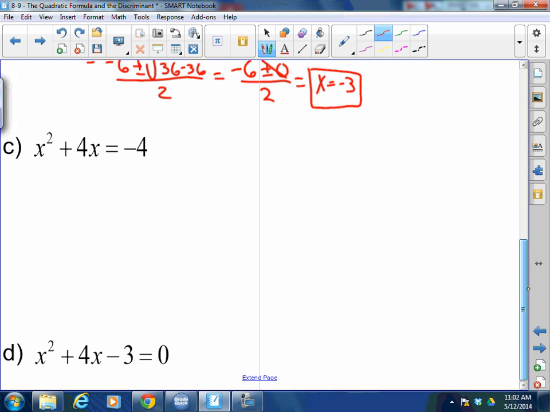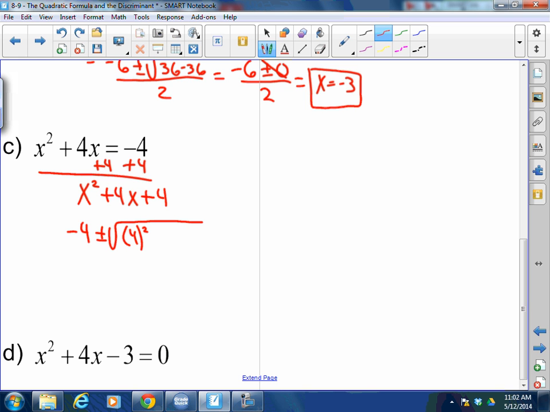Let's do it. Next. What do I have to do first here for C? Yes, you have to first put it into standard form. Thank you. So I got x squared plus 4x plus 4. Negative b plus or minus square root of b squared minus 4 times a times c over 2a.